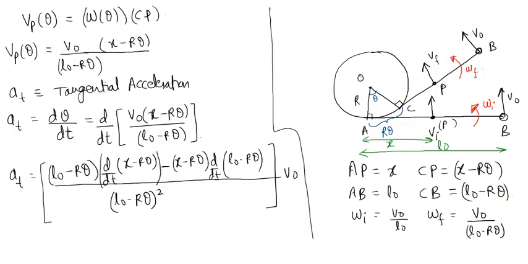So here I am calculating the tangential component of the acceleration. Now the initial situation of the thread was horizontal. It was horizontal initially. Now after some time, suppose the orientation of the thread changes by an angle theta.